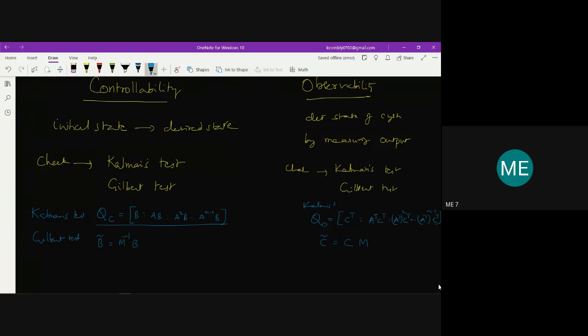Similarly, if the rank of the QO matrix is equal to the order of the matrix, then we can say the system is completely observable.